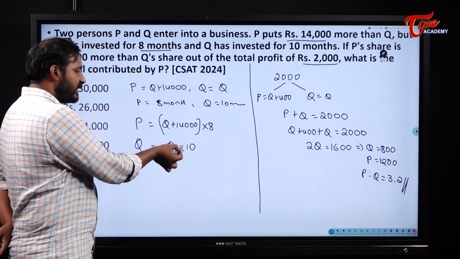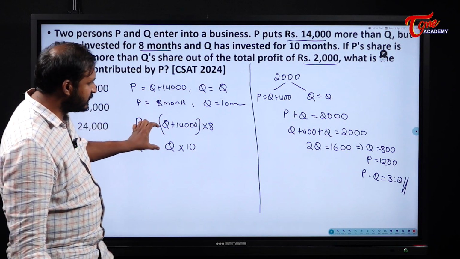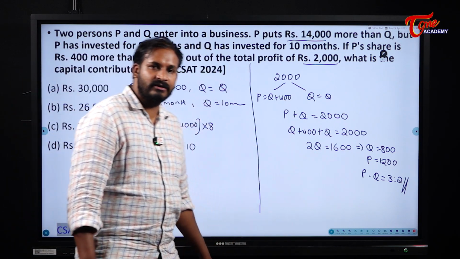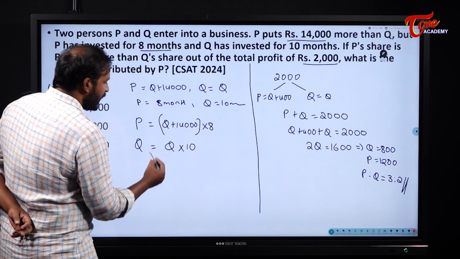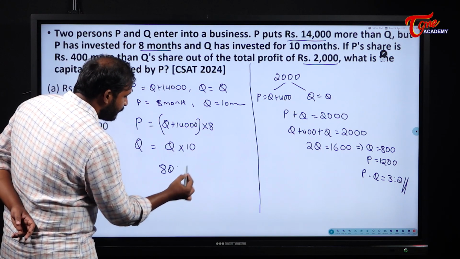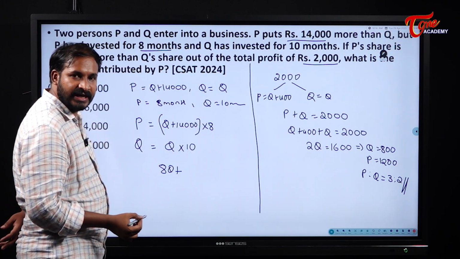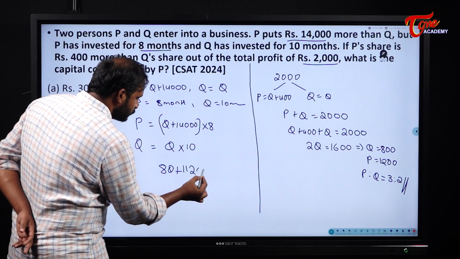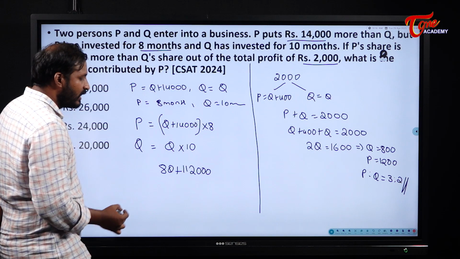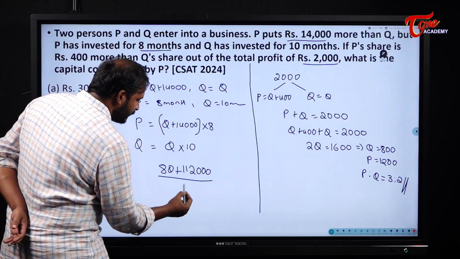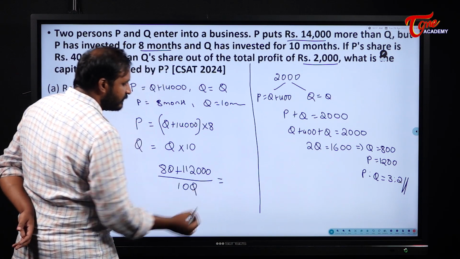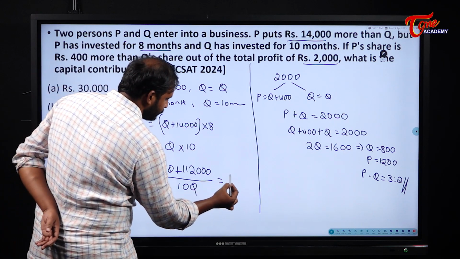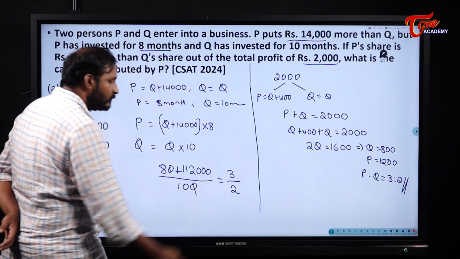Now, their investment ratio should be equal to 3:2. That means 8Q plus 8 times 14,000, which becomes 112,000, by 10Q. This value should be equal to what, students? 3/2.